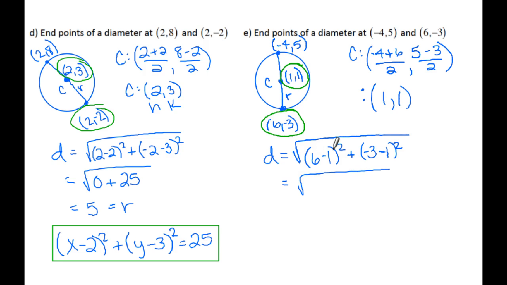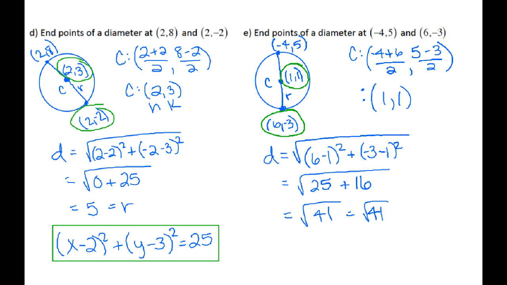That gives me 5 squared, which is 25, plus negative 4 squared, which is 16. 25 plus 16 is 41. So my radius is going to be the square root of 41.